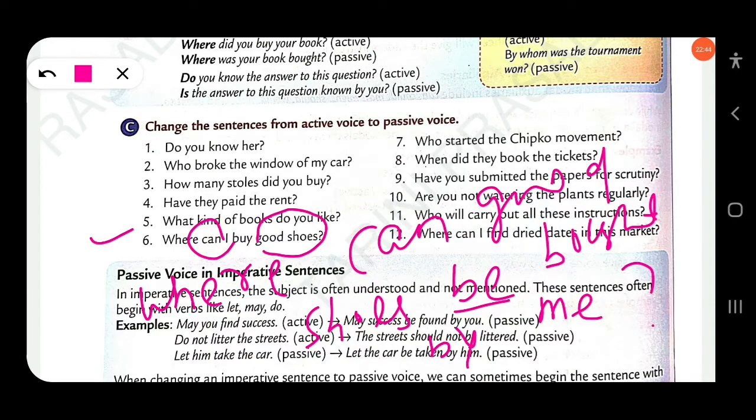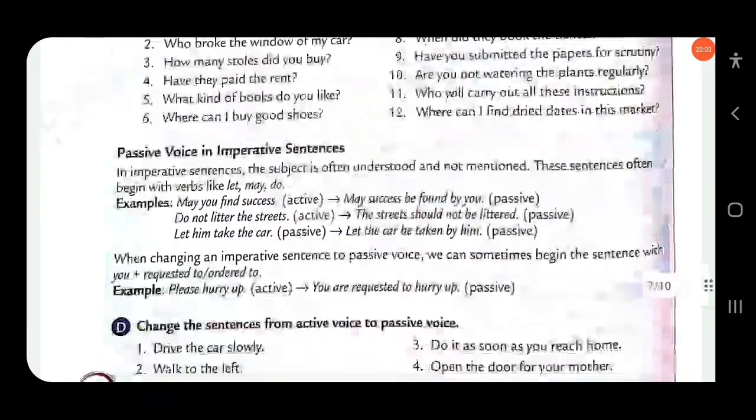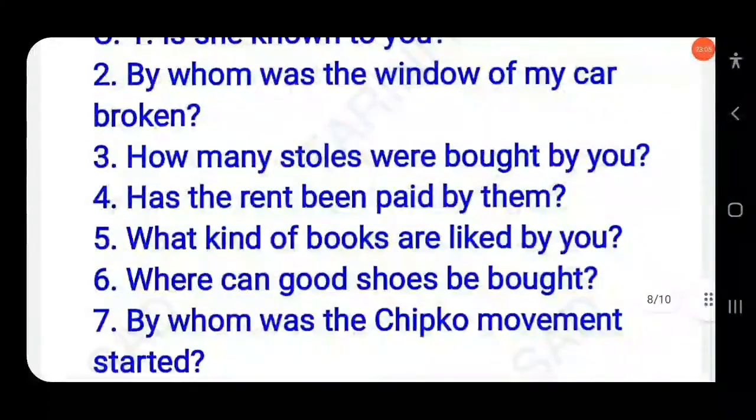Okay, question mark, you have to use a question mark at the end of the sentence. Where can good shoes be bought? If you want to write it agentless, you don't need to add by me. Okay, where can good shoes be bought, or you can also write where can good shoes be bought by me. Clear? So here look at this: where can good shoes be bought.